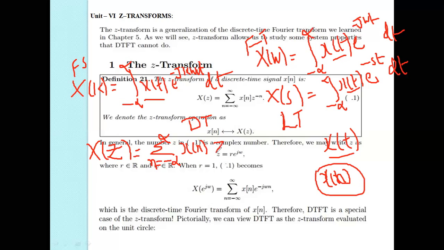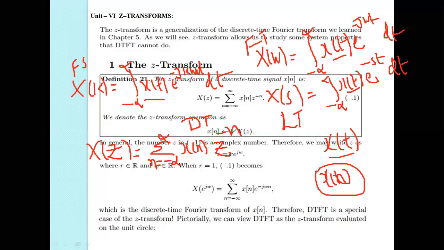x of n and z power minus n. Z power minus n is a negative exponential, and in the others also there is a negative exponential multiplied with the time domain signal. In this, the discrete time signal is multiplied with z power minus n.